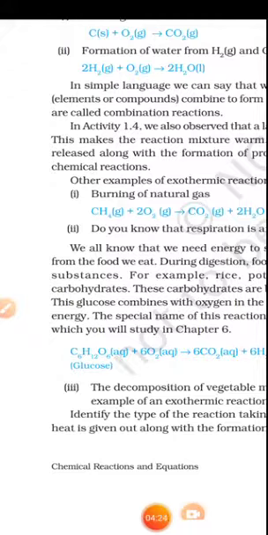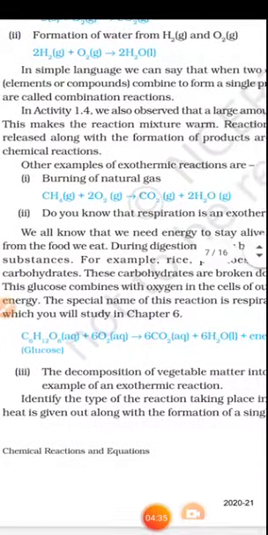Okay, now you have to learn a daily-life example. Glucose will react with oxygen. It is the process of respiration, which always takes place in your body also. C6H12O6 is glucose found in aqueous solution.